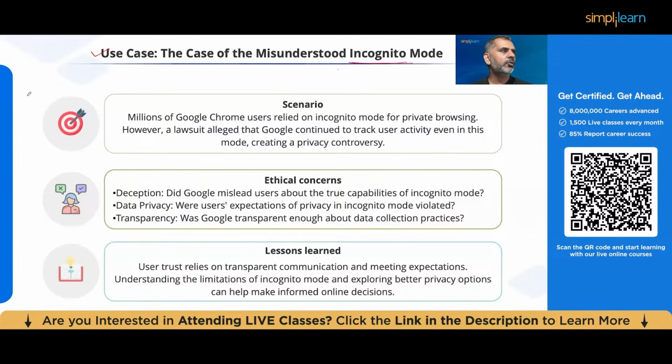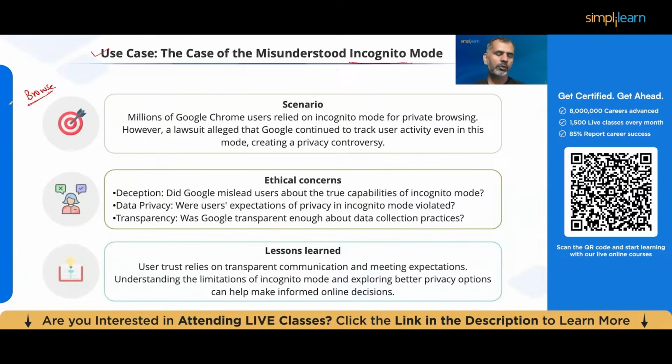That means whenever you browse anything, it remains anonymous. We believe that whenever we do any kind of surfing, searching, or browsing, it remains anonymous, so nobody is going to know who is browsing that information, because it is not tracking.